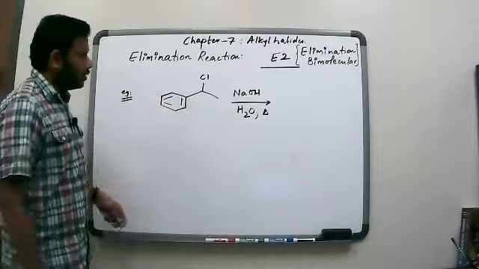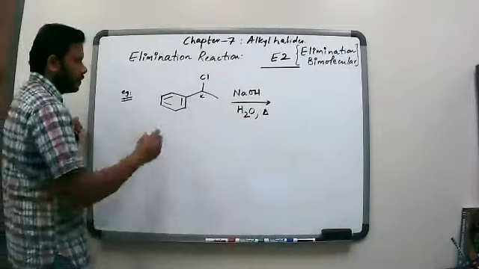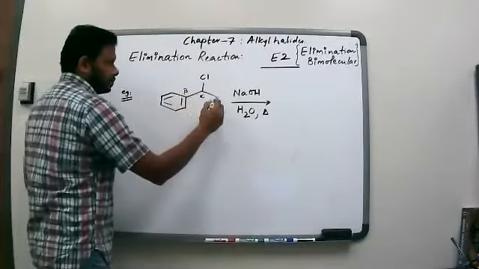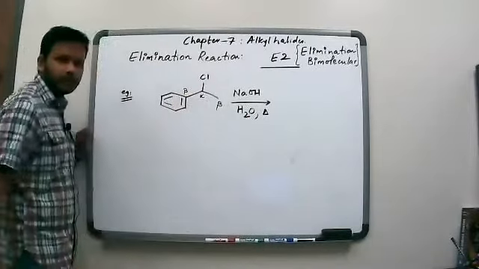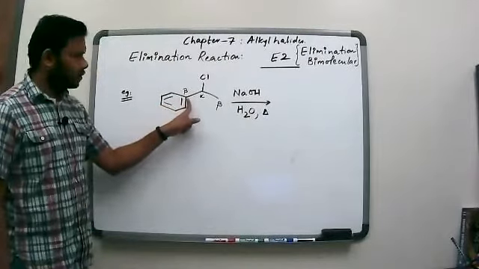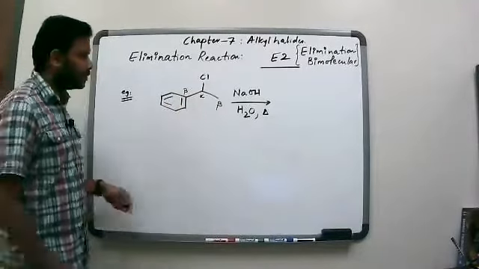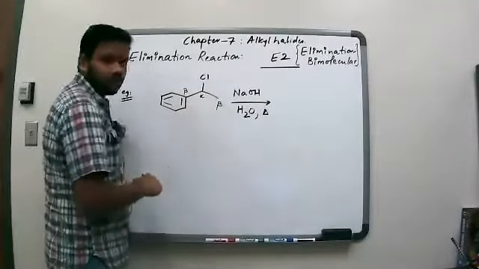Okay, now in this particular case, this is alpha carbon. This is beta. This is also beta. Notice how there's no beta hydrogen on this carbon because it has 4 bonds to it already. So there are no beta hydrogens. The only beta hydrogens are on that carbon.